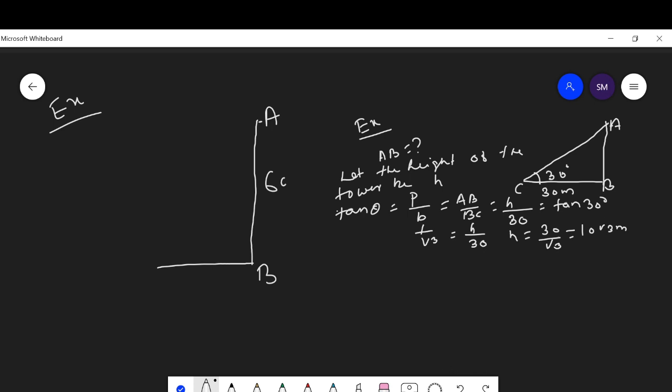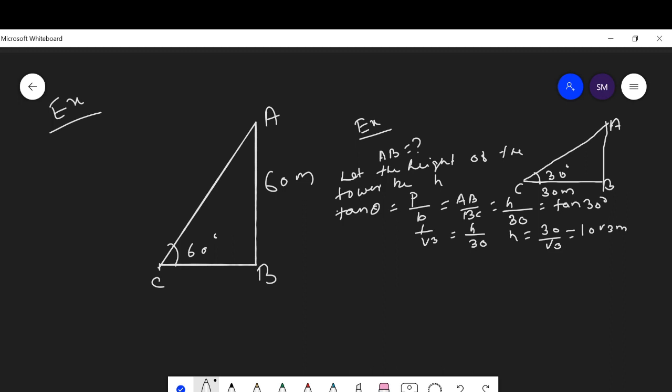Suppose this is 60 meter away from the ground, and one person is standing here at the point C, and the angle of elevation to see the kite is given as 60 degree.